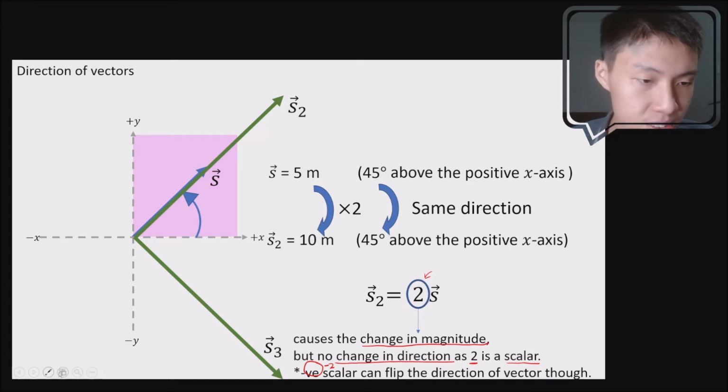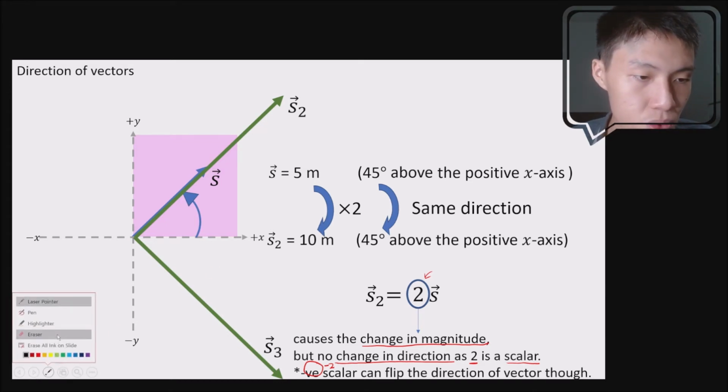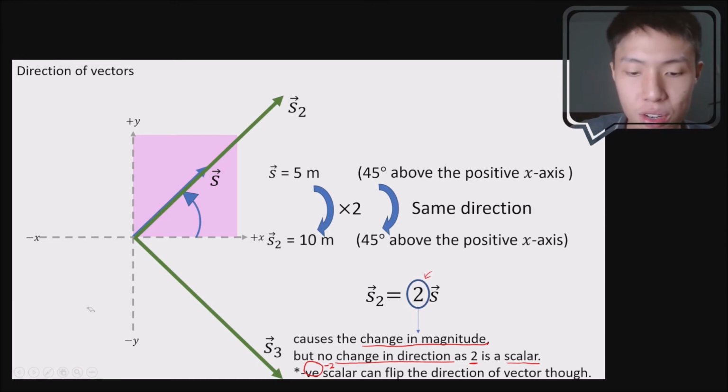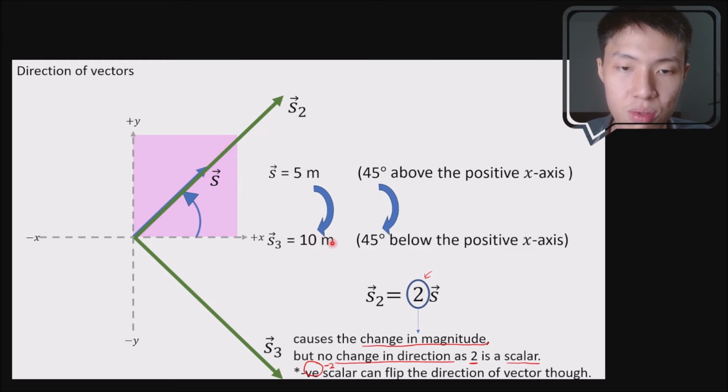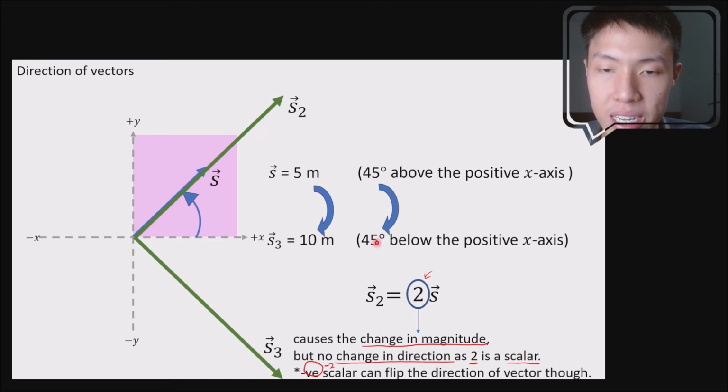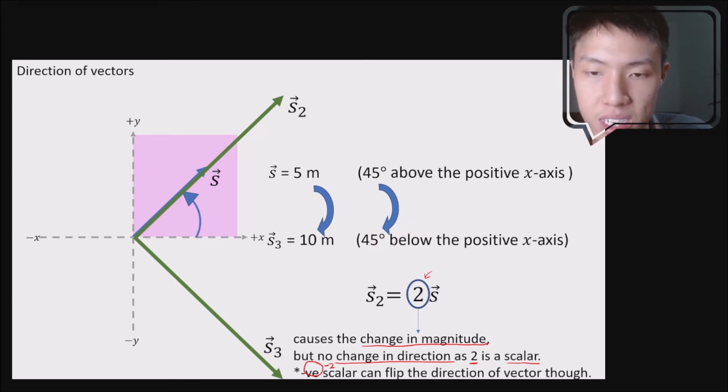And let me clear everything out because now I'm going to do a similar thing. So S subscript 3 here, if I rewrite it, will be having the same magnitude. I purposely draw S2 and S3 to have the same length of arrow, just that the arrow here is flipped downwards, so the angle is the same, but now it's below the positive x-axis, not above anymore.